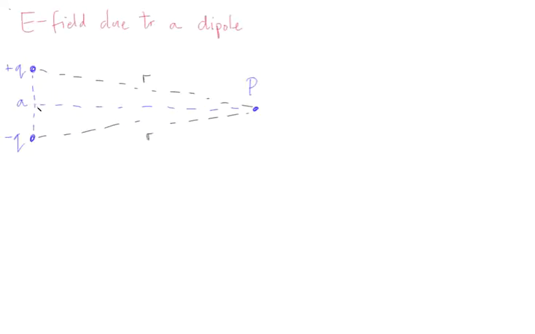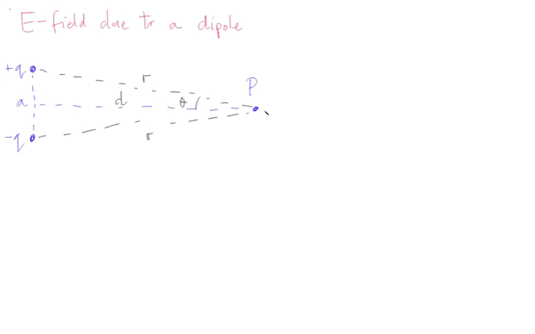And the perpendicular distance from the centres of these two charges to P we can define as d. It just so happens that this distance r is at an angle theta to d. So what's the resultant electric field strength due to these two charges?